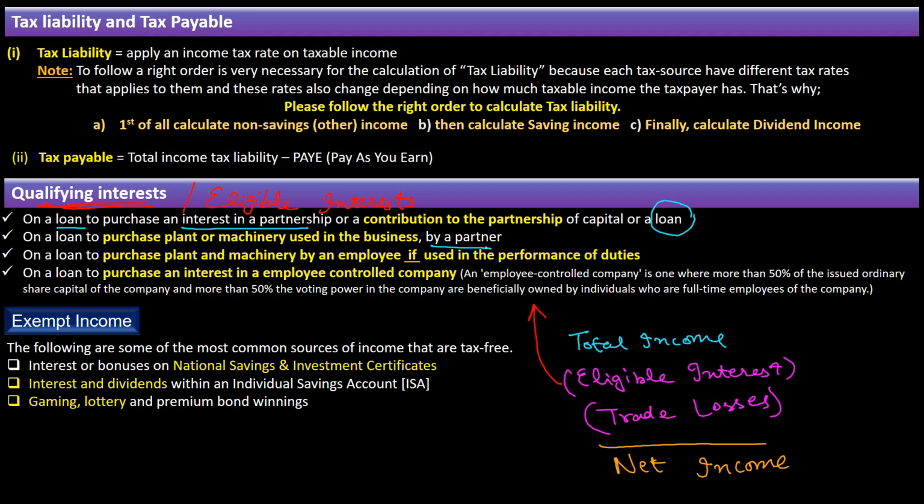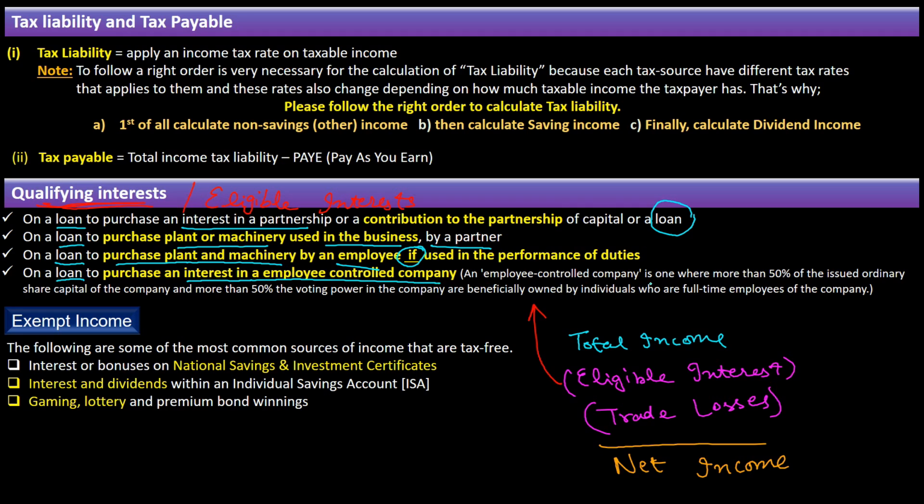And if a partner is taking a loan in order to purchase plant and machinery for use in the business, or an employee is taking a loan to purchase plant or machinery that will be used in the performance of his duty, and finally a loan to purchase an interest in an employee-controlled company.